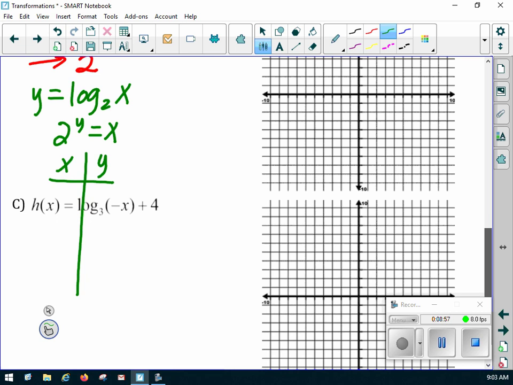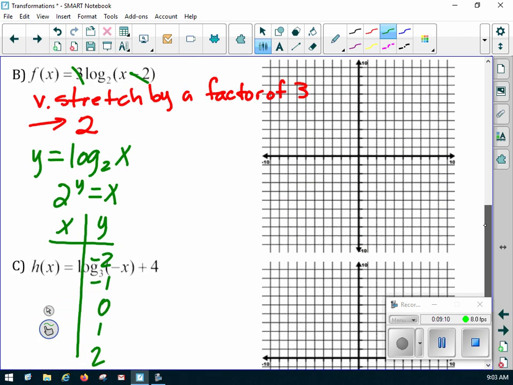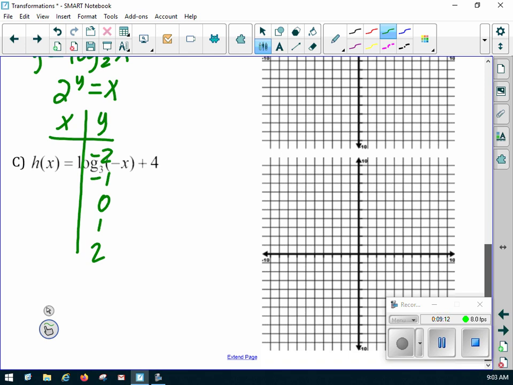Because the exponent is y. -2, -1, 0, 1, 2. Aren't these the same ones we did last time? Yeah. Okay. 4, 2, 1, half, fourth.